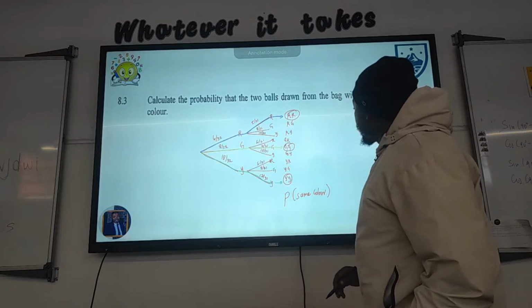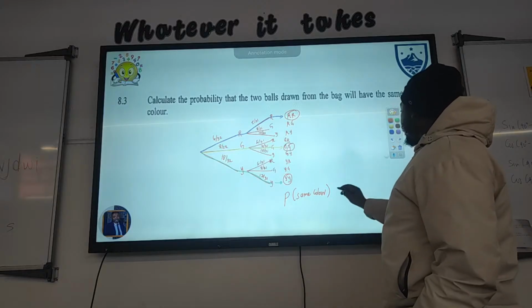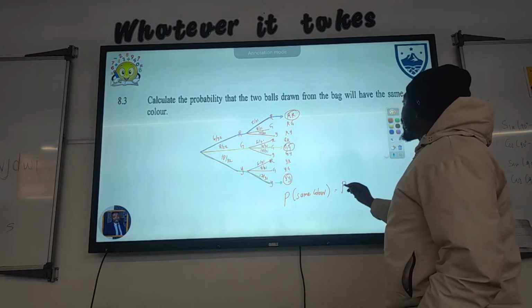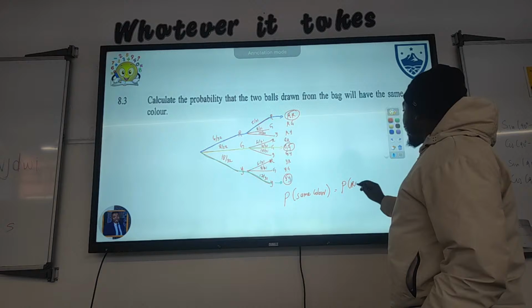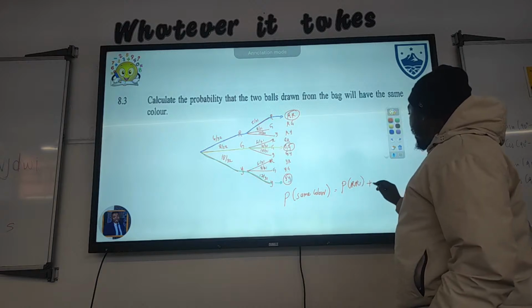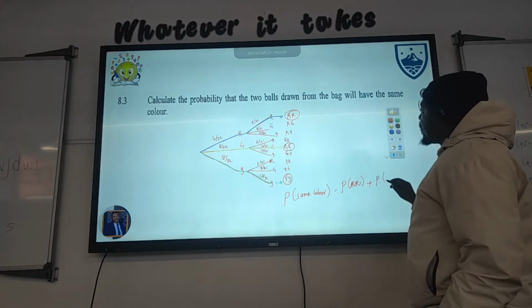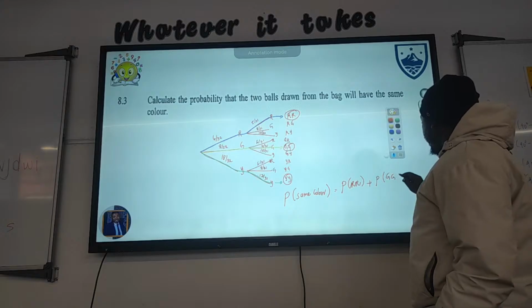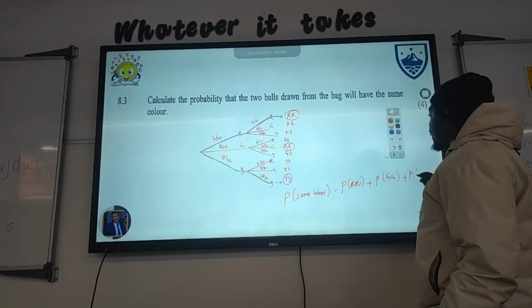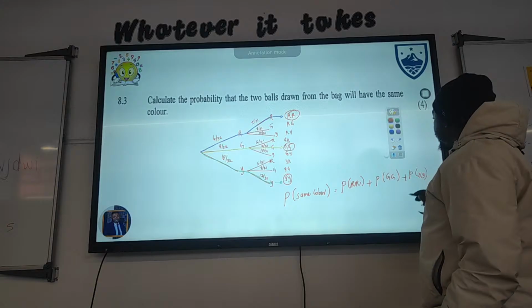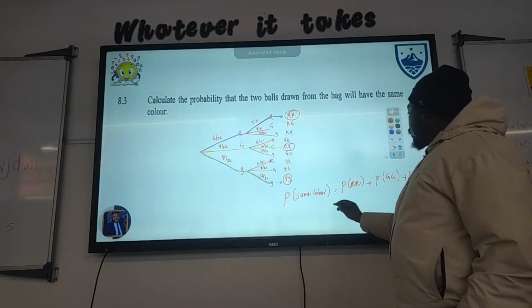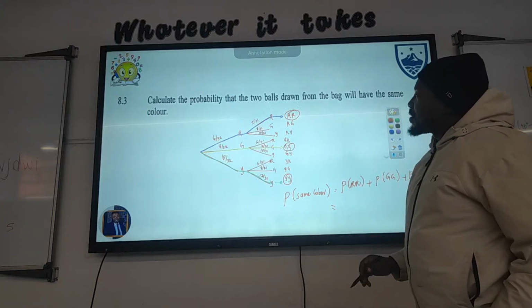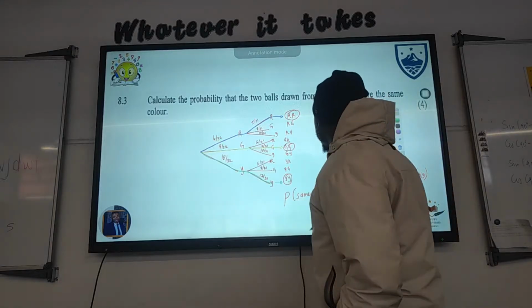of those balls will simply be the probability of red and red plus the probability of green and green plus the probability of yellow and yellow. Starting with the probability of red and red: because you are moving along the branch, you're going to multiply.